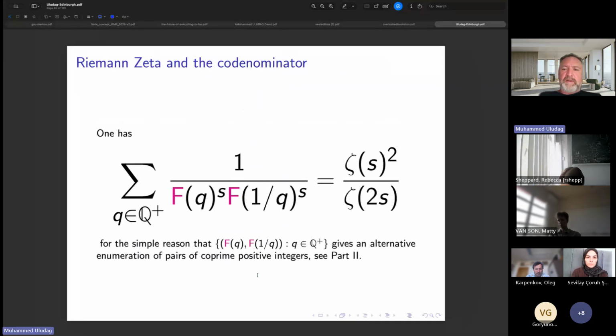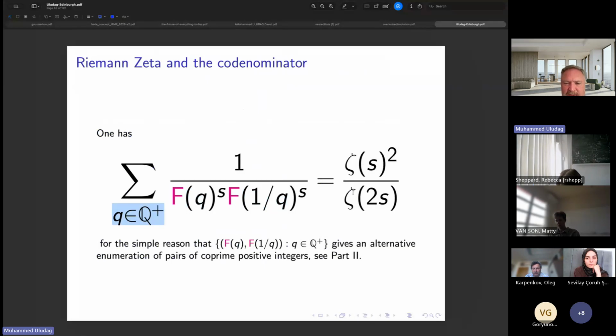So another instance where the Riemann zeta appears with the conominator is the following formula. If we take the sum of f(q) to the power s times f(1/q) to the power s, over the set of all positive rationals q, then this sum equals zeta(s) squared over zeta(2s).